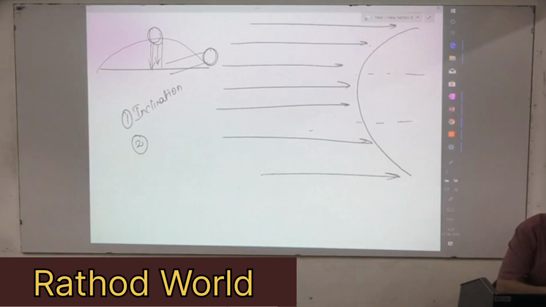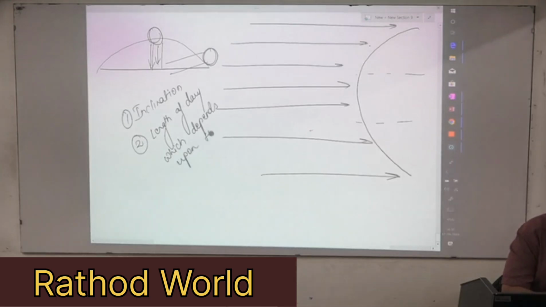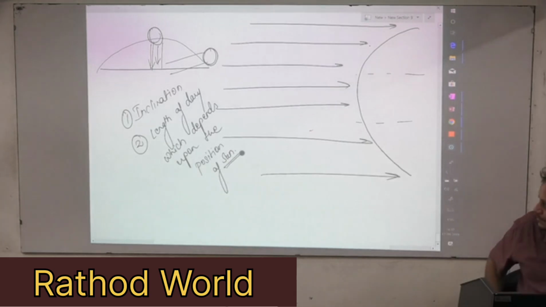So the second factor that affects the insolation is the length of the day, which depends upon the position of the sun.